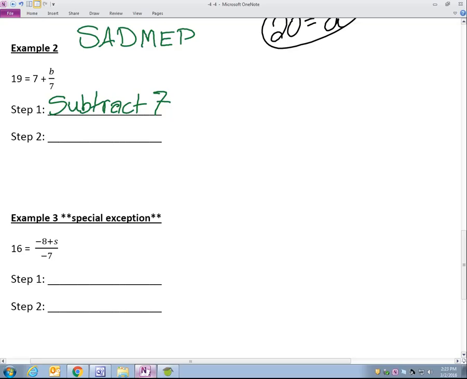7, because when I have 7 plus b over 7, that's the same thing as b over 7 plus 7 through the commutative property of addition. So I'm going to rewrite this over here.